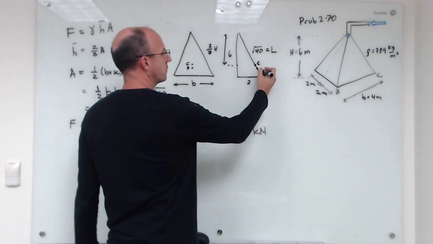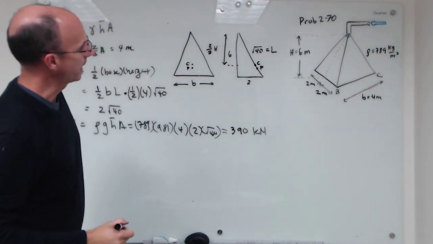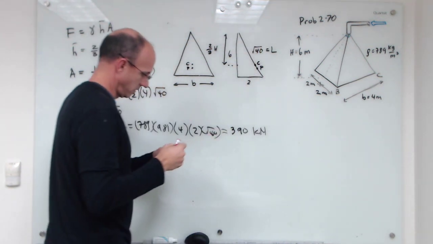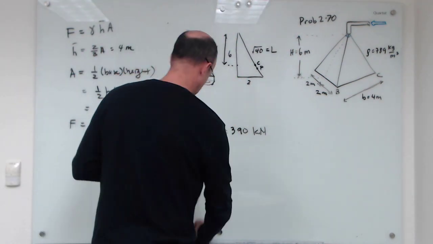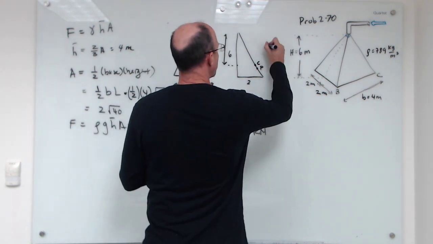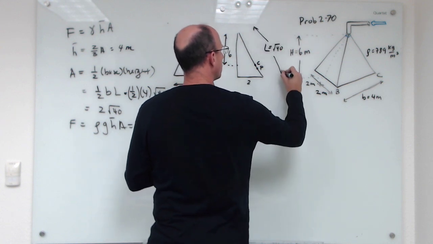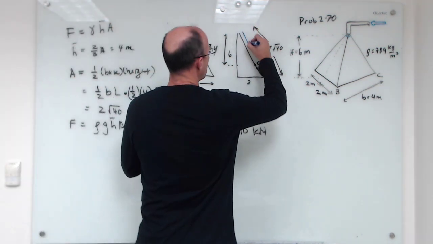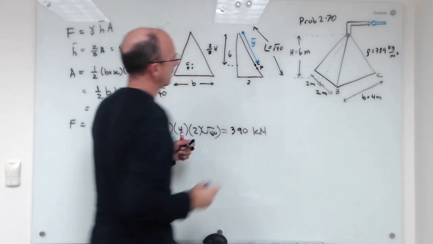It can be helpful if we mark the center of pressure here. I'm sorry, the centroid of the surface is 2/3 of the way down, and then the center of pressure is going to be further below that, call that P. The variable y bar is measured along this surface. Let's use a different color for that. So that's this length L. But then this length here is going to be our y bar.